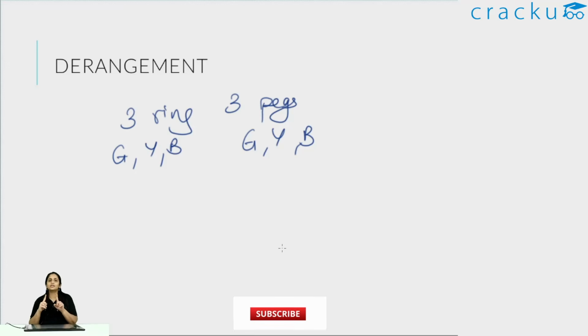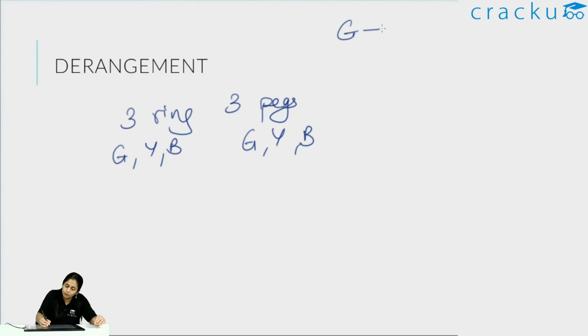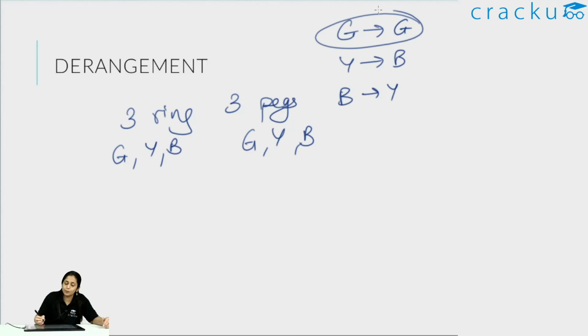Essentially there is one actual match, which is green to green, yellow to yellow, blue to blue. We are supposed to find out in how many ways we can arrange such that the actual arrangement of green to green, yellow to yellow and blue to blue doesn't occur. So if you have green to green and yellow to blue and blue to yellow, even this is wrong, because here you are supposed to find the arrangements where none of them are in the right place.